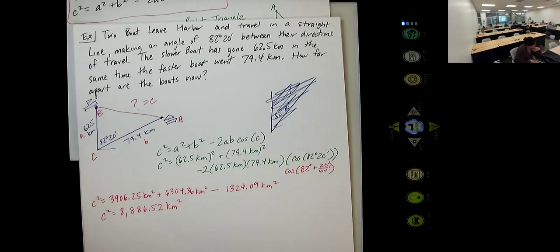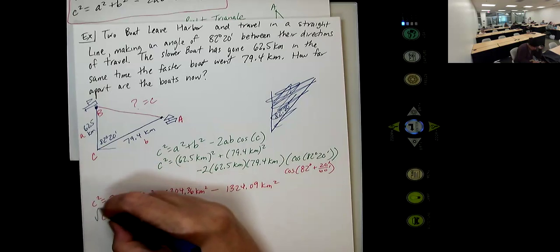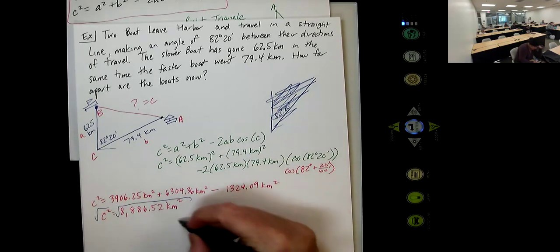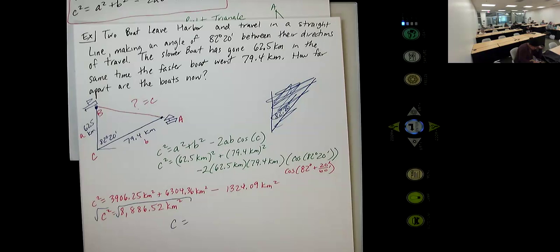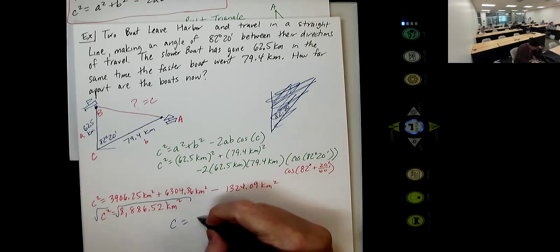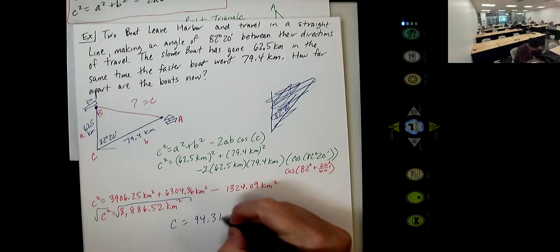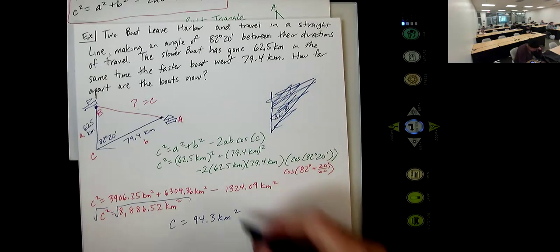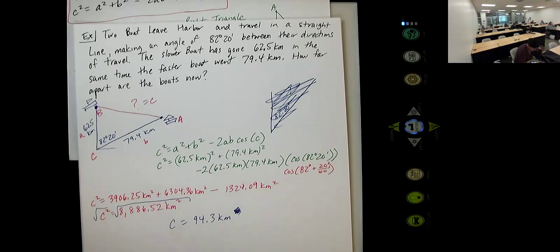And if we take the square root of the answer, C equals, I'm getting 94.3 if I round. And it's not squared, it's just kilometers.